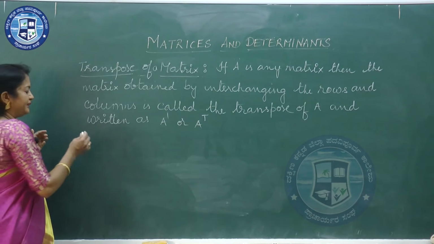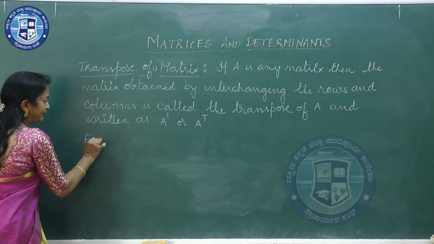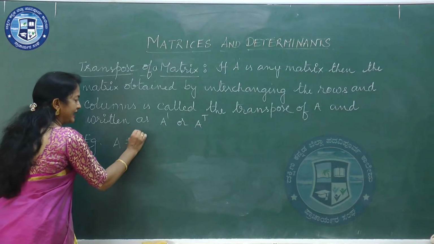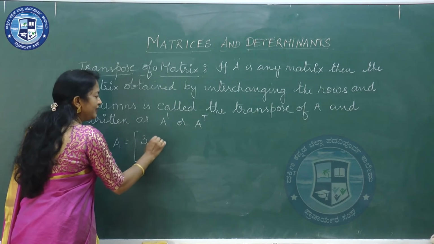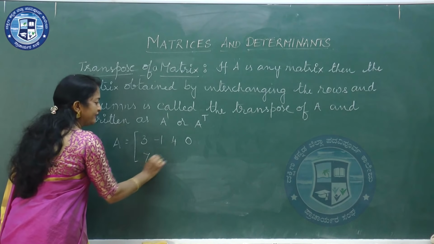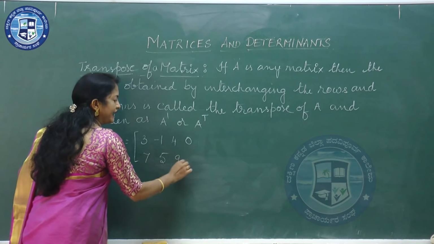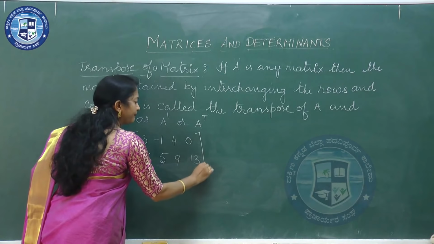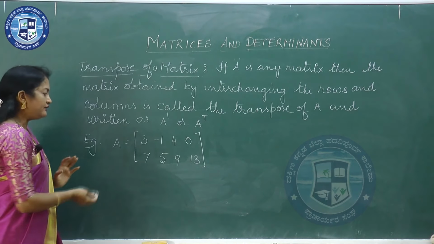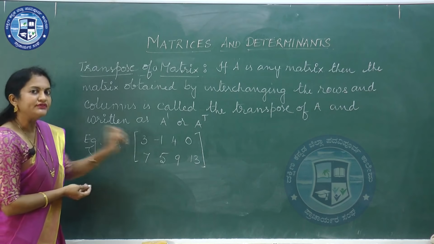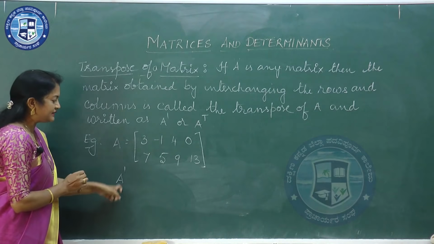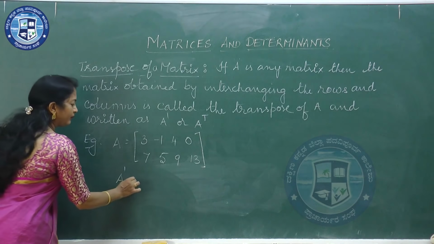So for example, I take a matrix A as 3, minus 1, 4, 0, 7, 5, 9, 13. What is the transpose of this matrix, we will see. The transpose I can denote as A dash.